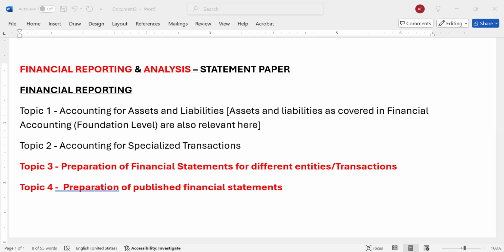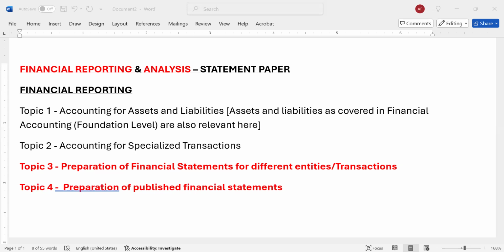Look at topic number 5. Anytime you see a FAR or hear about a FAR, I know this has always been in our minds: the aspect of consolidation. And remember, at this point, you're not referring to it as consolidation, but rather this topic number 5 we normally refer to as what? Accounting and financial statements for interest in other entities.